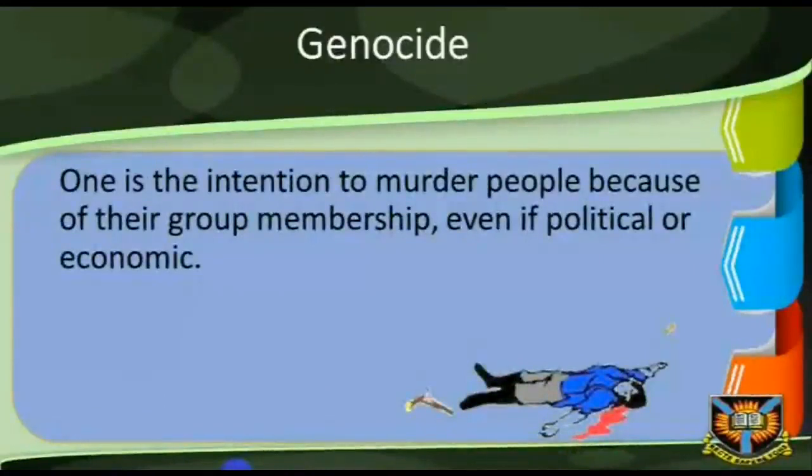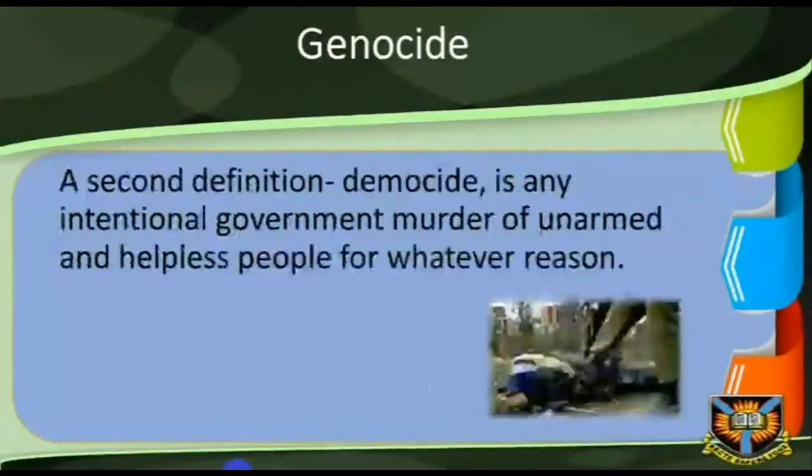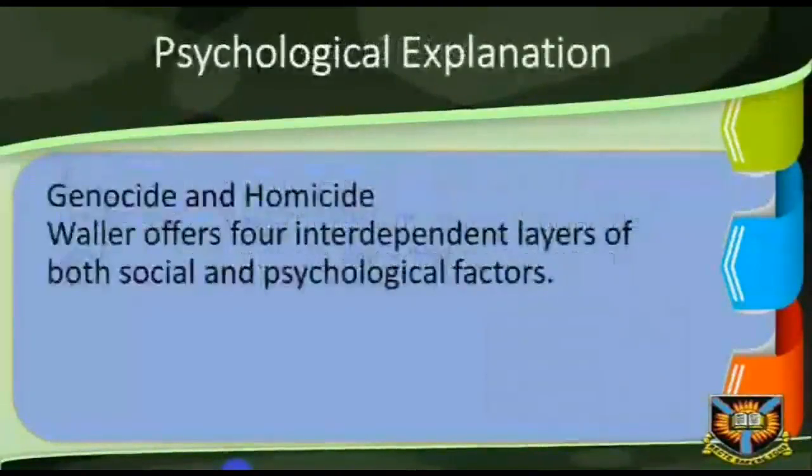One is the definition of genocide as the intention to murder people because of their group membership, even if political or economic. A second definition, which may also be called democide, is an intentional government murder of unarmed and helpless people for whatever reason.